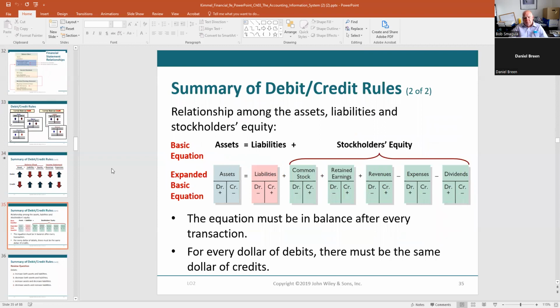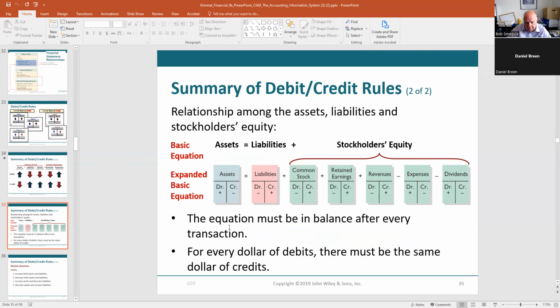And here's another one where they're trying to teach it to you. Assets equals liability plus stockholders' equity. And stockholders' equity is where we're going to find the common stock, the retained earnings, and the net income in the form of the total revenues minus the total expenses, and then dividends.